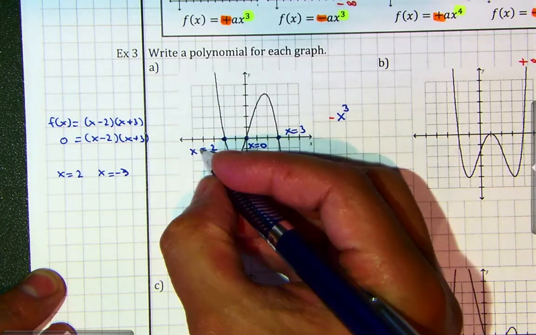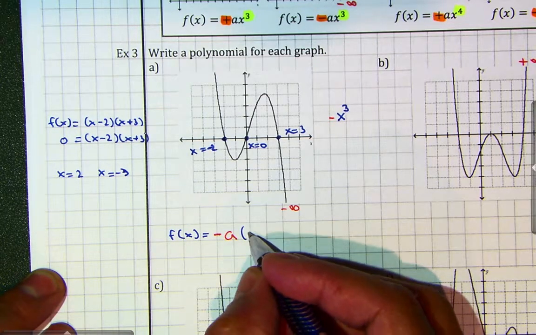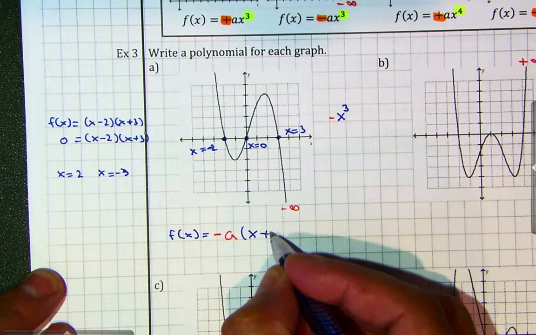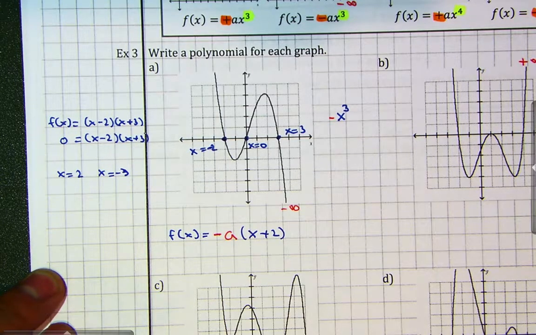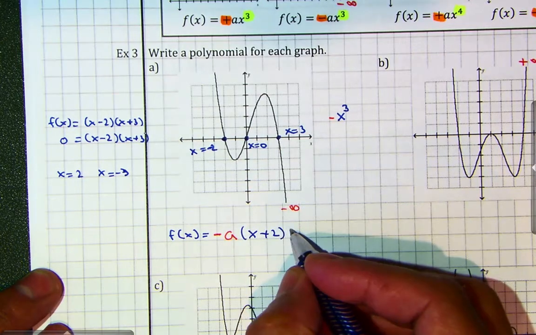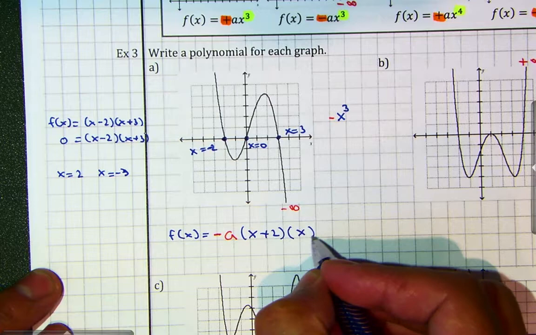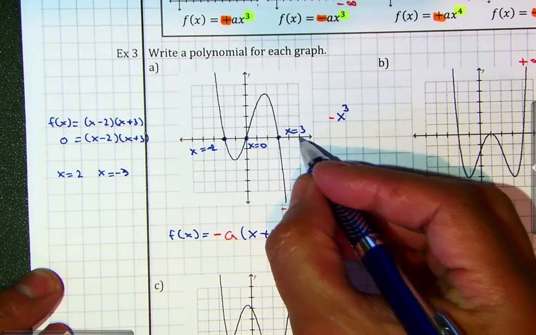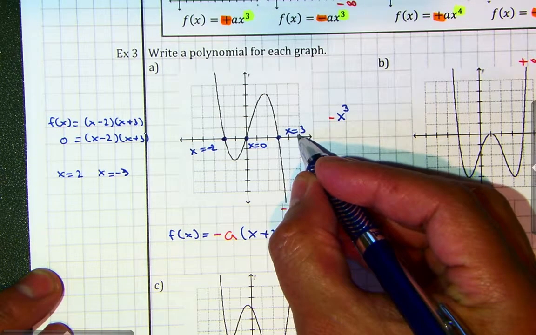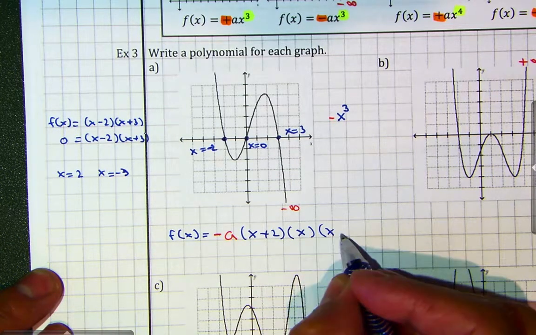This is x equals negative 2. So therefore, this will be x plus 2. The factor will be x plus 2. This will be x equal to 0, so therefore the factor, we can place x plus 0, but in this case it will be just x. The x-intercept is x equal to 3, so the factor will be x minus 3.